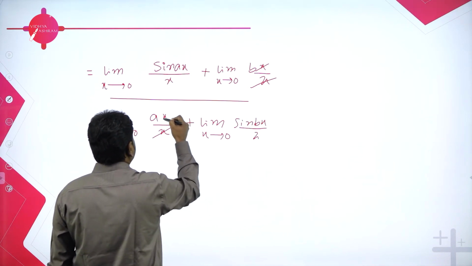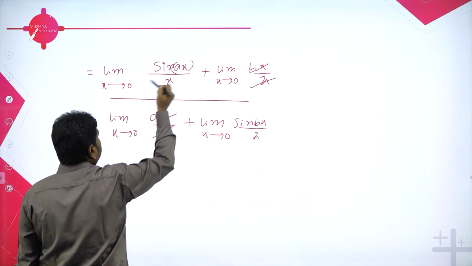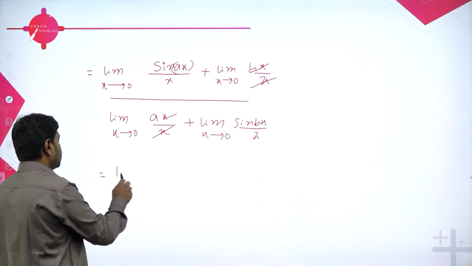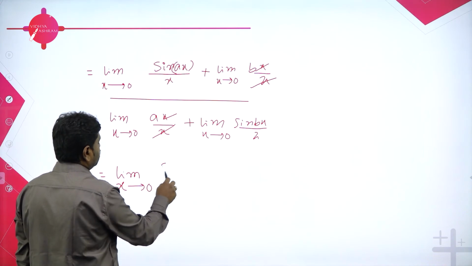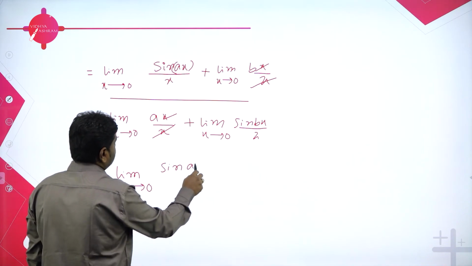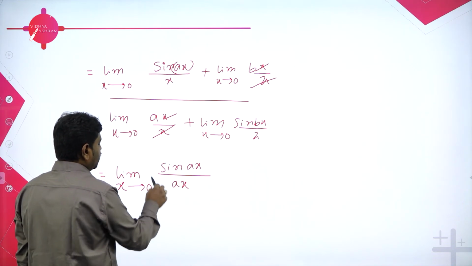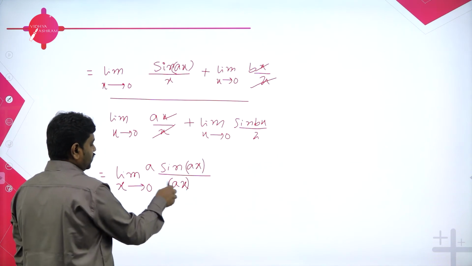Here you can cancel x and x. Here it is sin theta by theta. Here ax is there, but here we have x. So divide and multiply the numerator with a. So I can write limit x tends to 0, sin ax divided by x, multiplied by a, and divide by a, so the a cancels.